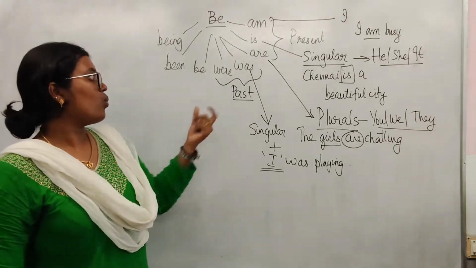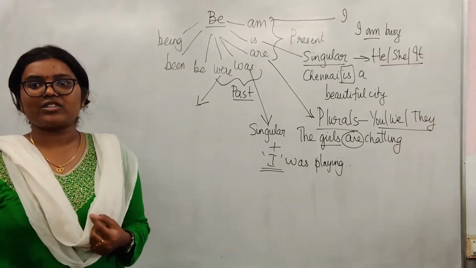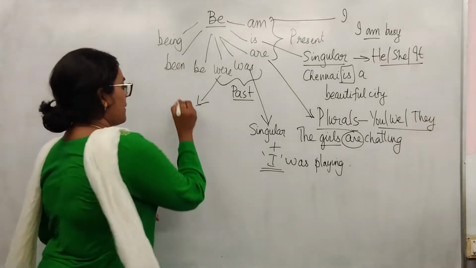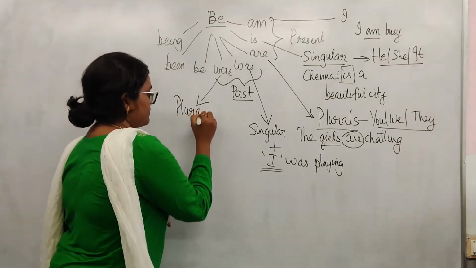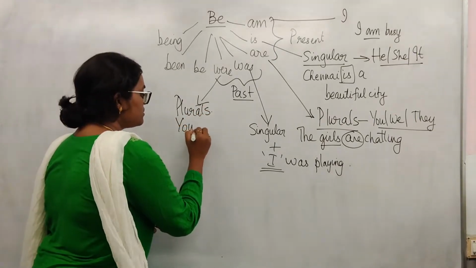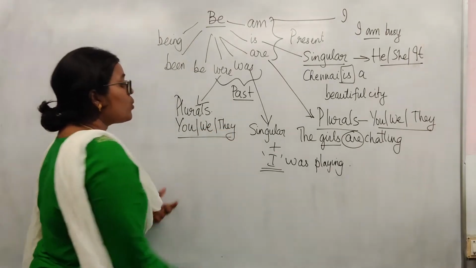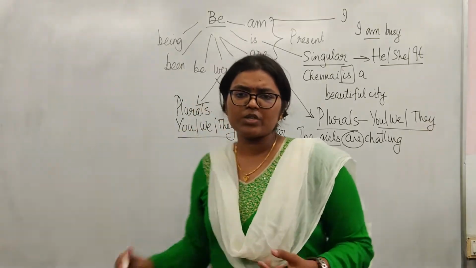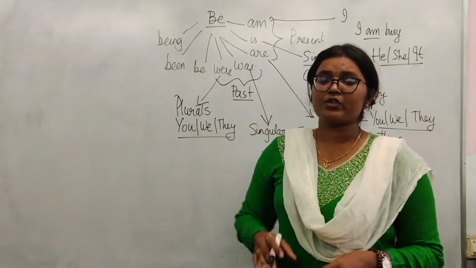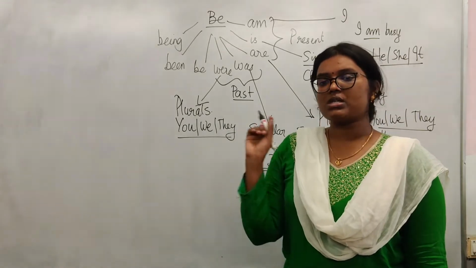The next is were. Where do we use this? Now, this is actually used with all plurals. And like we know, with you, we, and they, with these three pronouns as well, which are plural, you, we, and they refer to groups of people. So with this as well, we tend to use were.